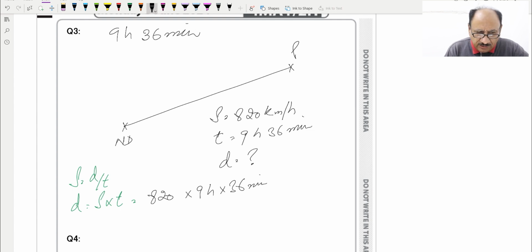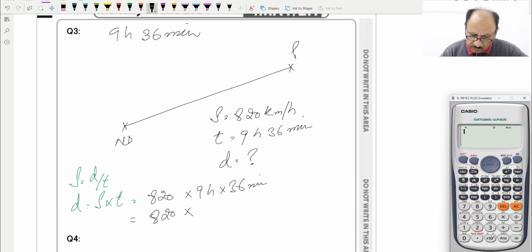We can convert the time into a decimal value. Using the time button on the calculator with the degree sign, I enter 9 hours and 36 minutes, and press equal to.